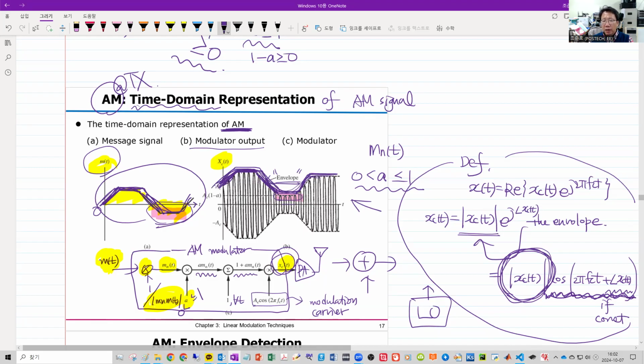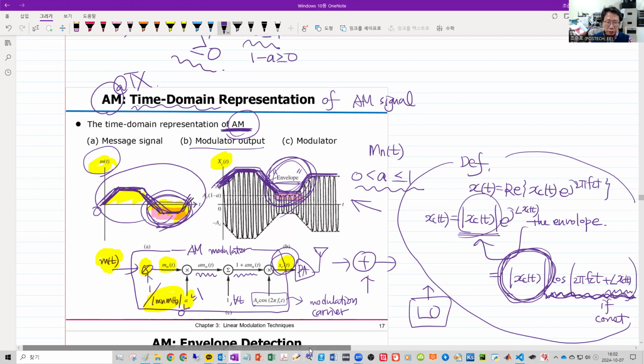Okay? And also, when the envelope becomes minimum, the message becomes the minimum value. Or if the message becomes minimum value, the envelope becomes the minimum value. Got it? That is the AM modulator and AM modulation.